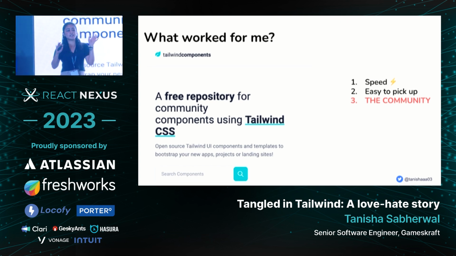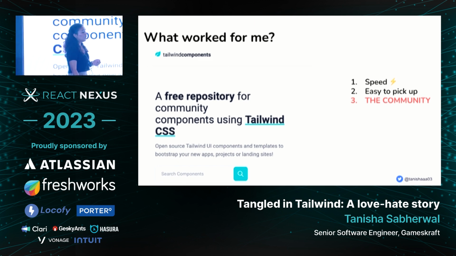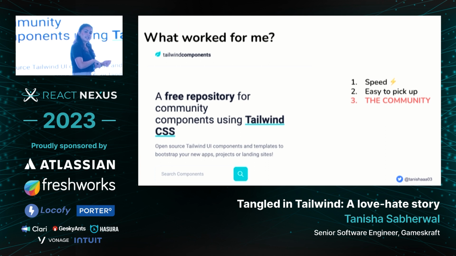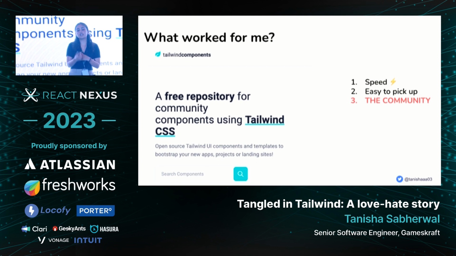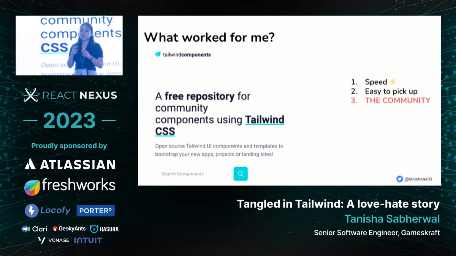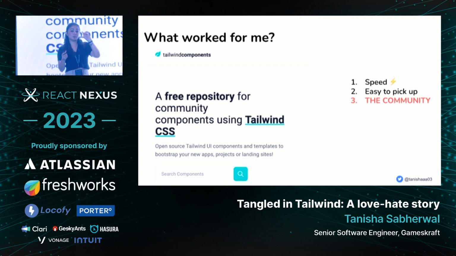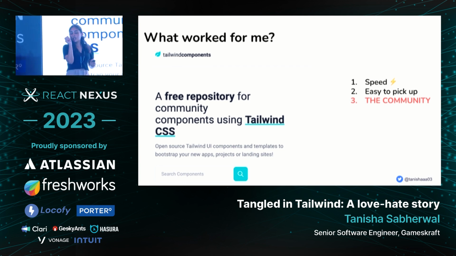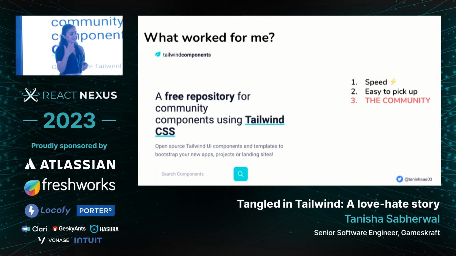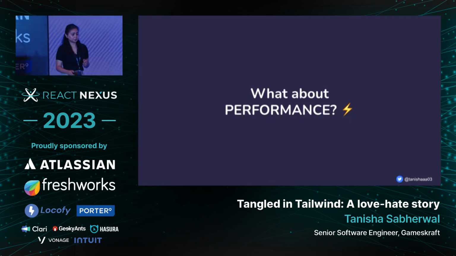You can just copy paste it, put it in your code, and this works wonderfully well, right? And it's not just repositories like this. The community around it has so many extensions, your VS Code extensions. Maybe if you say that the HTML becomes bloated, there's a specific VS Code extension that basically collapses those utility classes. So I think the community is awesome.